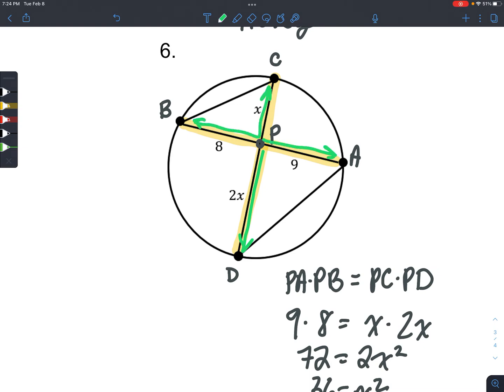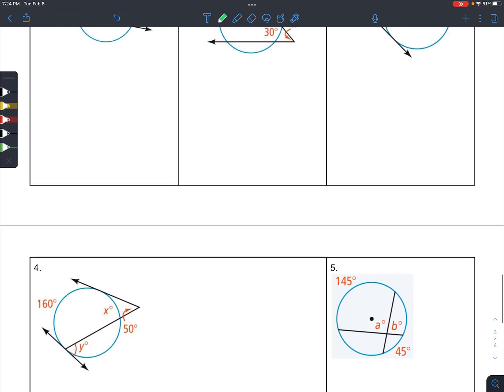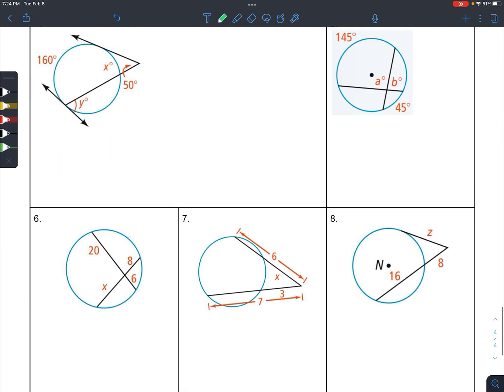It's relating all 4 of these distances here from the point to its closest point on the edge of the circle. Okay, and this product is really remarkable, and it comes from similar triangles, which is something we'll talk more about in another chapter.